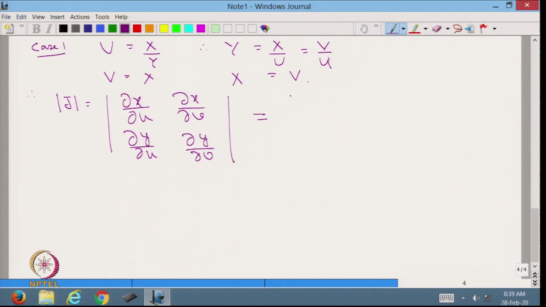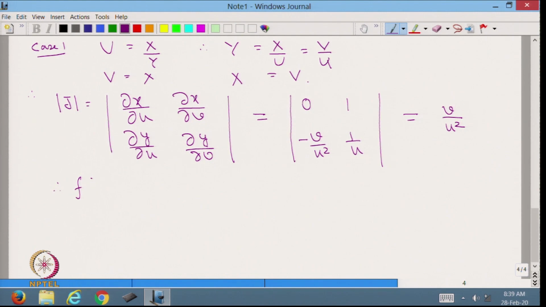Del x del u is equal to 0, del x del v is equal to 1, del y del u is equal to minus v upon u square, and del y del v is equal to 1 upon u. Therefore, the Jacobian is coming out to be v upon u square, which is the determinant of this matrix.